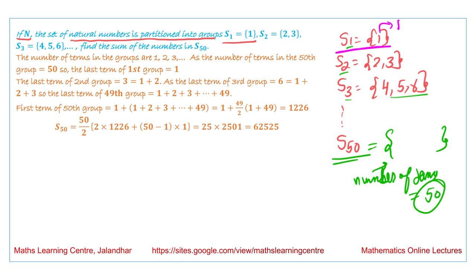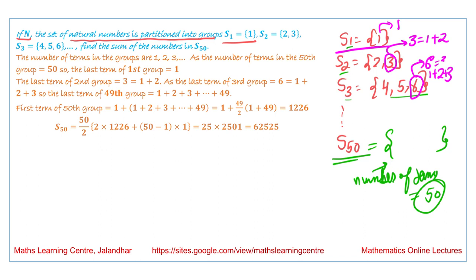In the second group, the last term is 3, that is equal to 1 plus 2. Over here the last term is 6, that is equal to 1 plus 2 plus 3.